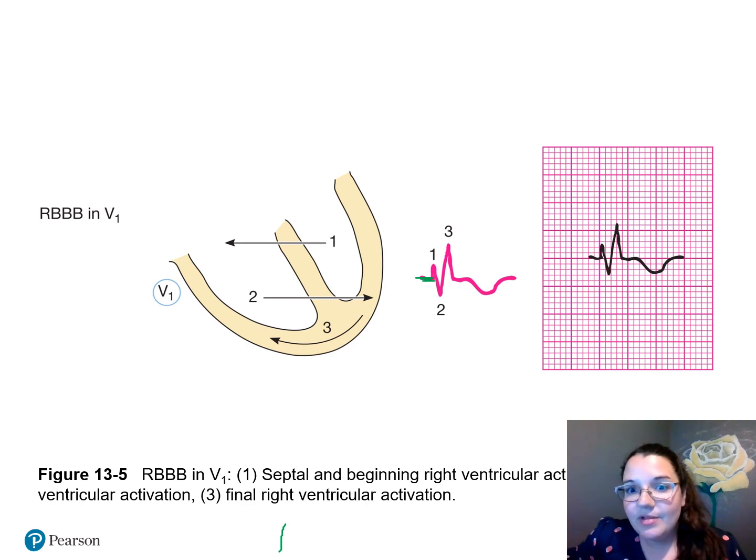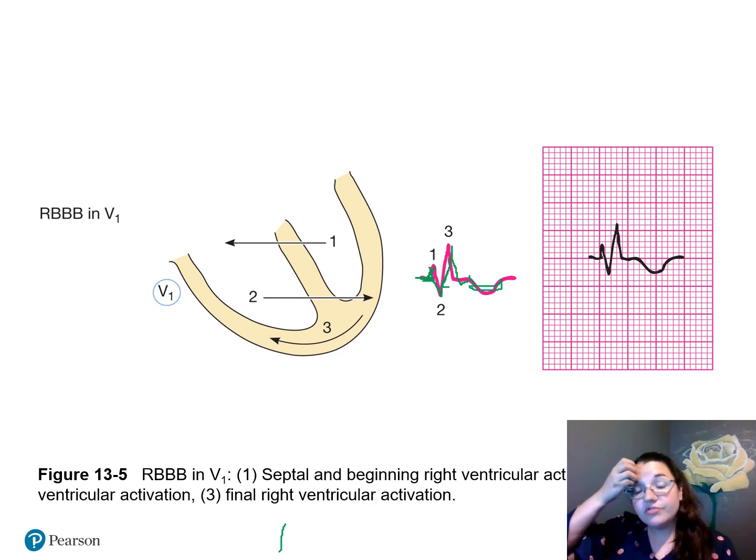Sorry, I had a freeze for a second. We're going to look at that segment. When does it change? And what kind of deflection do we see, a positive or a negative? So when it becomes positive, that is an R. And my first negative is going to be Q, S, and here's R prime. And then my T wave is opposite.